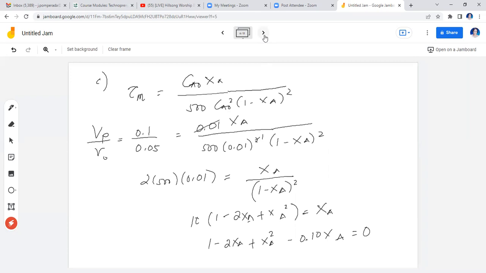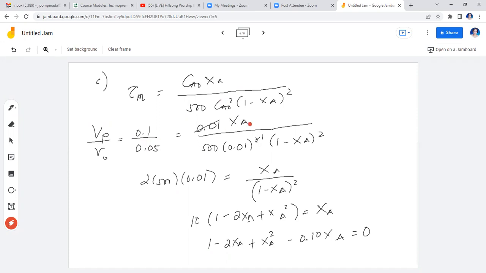Okay, so since we're talking about the mixed flow now, your performance equation should be that of the mixed flow reactor. And you need to replace again the tau term here by V sub M over V sub O. And since V sub M should be replaced by V sub P, this is the size now of your mixed flow reactor, which is equivalent to that of the plug flow.